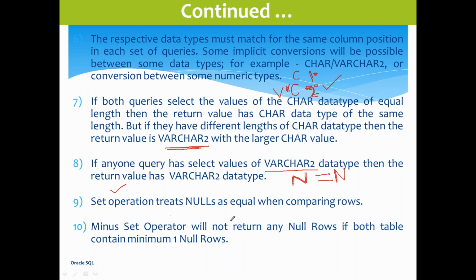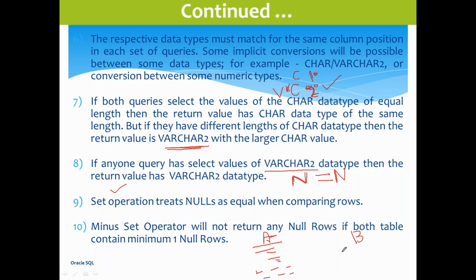Next, the MINUS set operator will not return any null rows, if both tables contain at least one null row. Suppose A is one table, in which some records are there and one record has null, null, null, null, null.